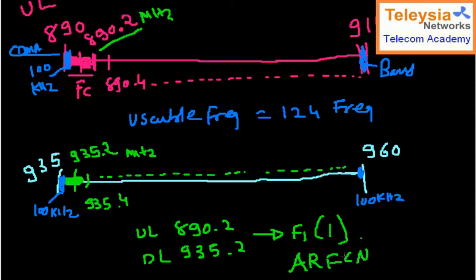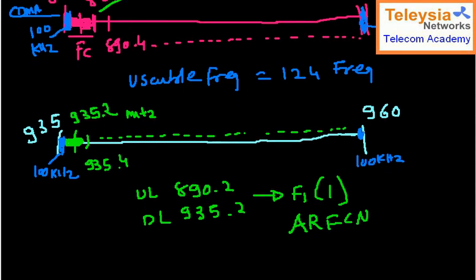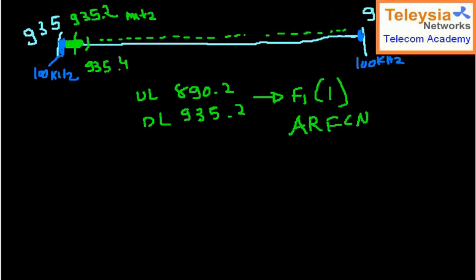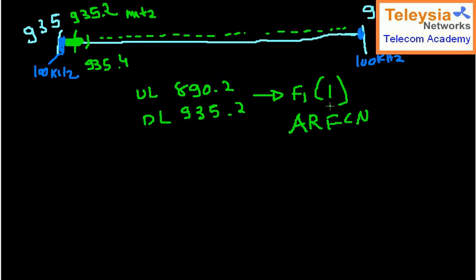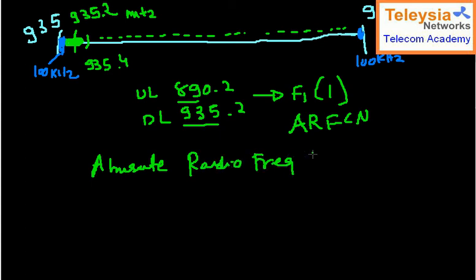And we call this the ARFCN. What is ARFCN? To remember this frequency easily, it's very easy to remember frequency number 1 rather than remembering those megahertz numbers. So ARFCN means absolute radio frequency channel number.